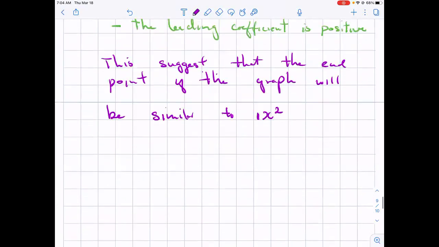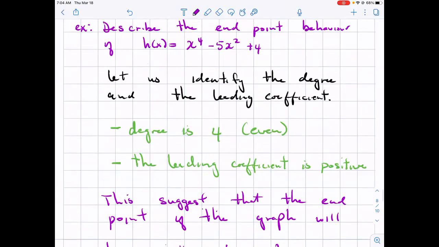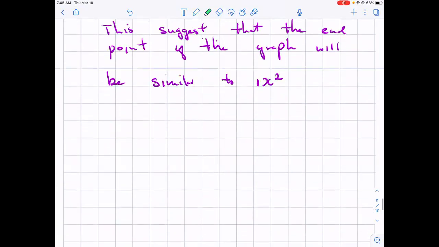We don't care right now about the other terms; we only look at the first term. That's all we're looking at.